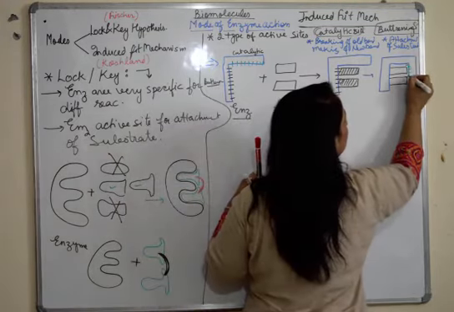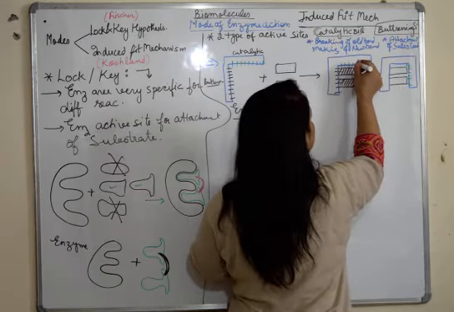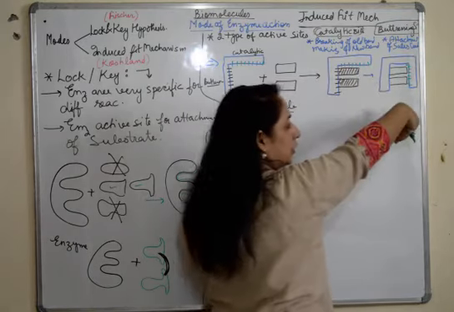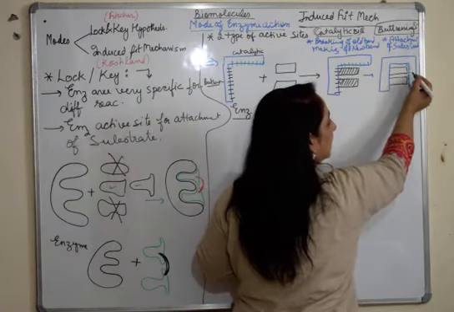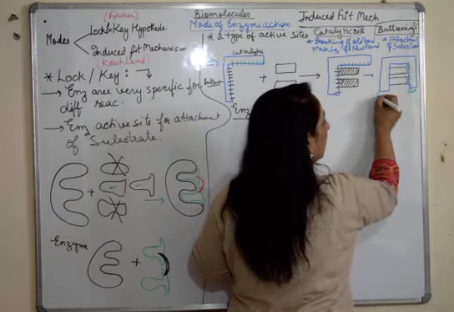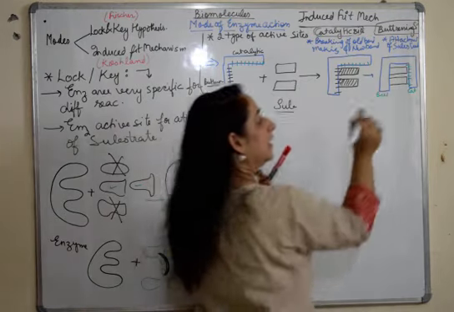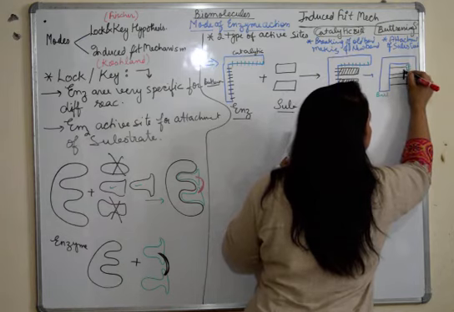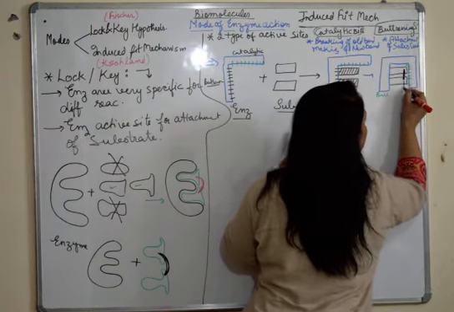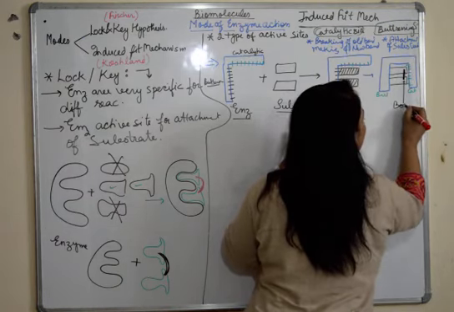This is the catalytic site. So it moves towards the substrate, and as and when this catalytic site moves towards the substrate, it forms a bond between them. Very, very important. Bond formation.